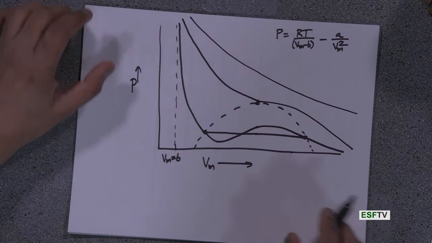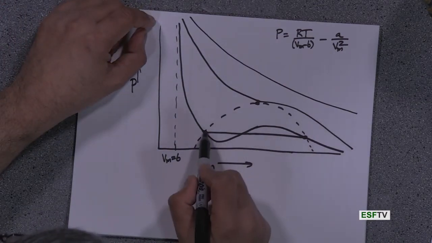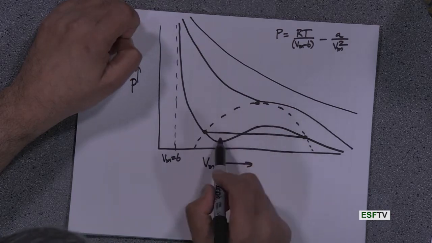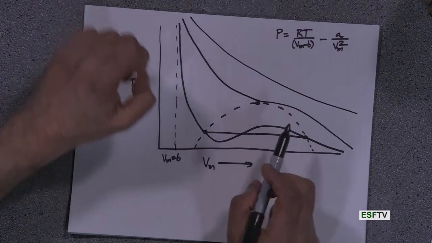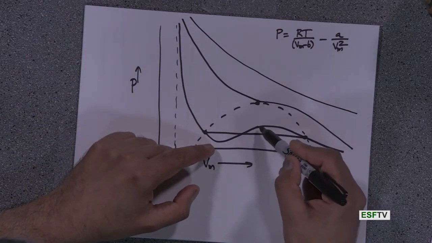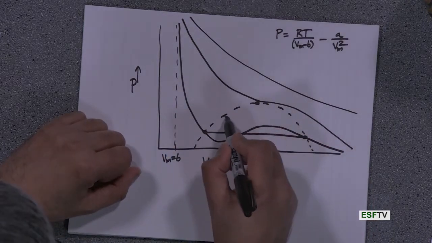Okay, so what's happening? At a temperature this low, we have this hill and valley, a peak and a trough. As the temperature rises, these get closer and closer, they get smaller. So I'll draw one more in here.